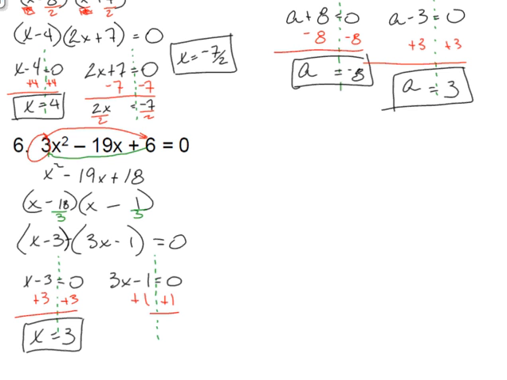Add 1. 3x is equal to 1. Now I divide both sides by 3. x is equal to a positive 1/3. Solving quadratic equations by factoring. Good luck.